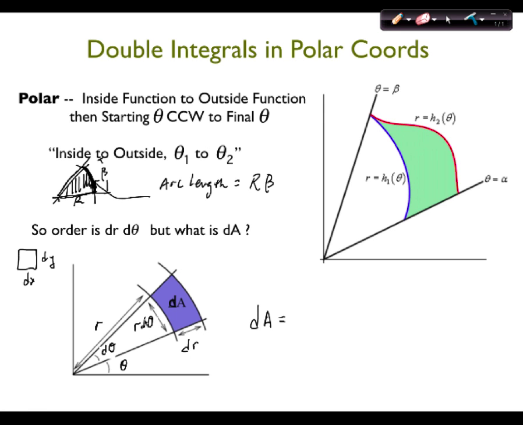You also have an r in there, so it's r d theta dr. We still look at that area as a little rectangular element, but this edge is not d theta, because theta is not arc length. To get the arc length, you need to multiply by how far out you are, the radius.